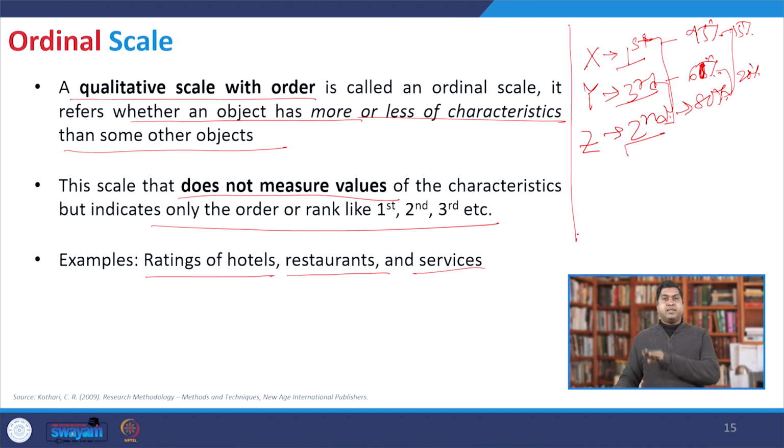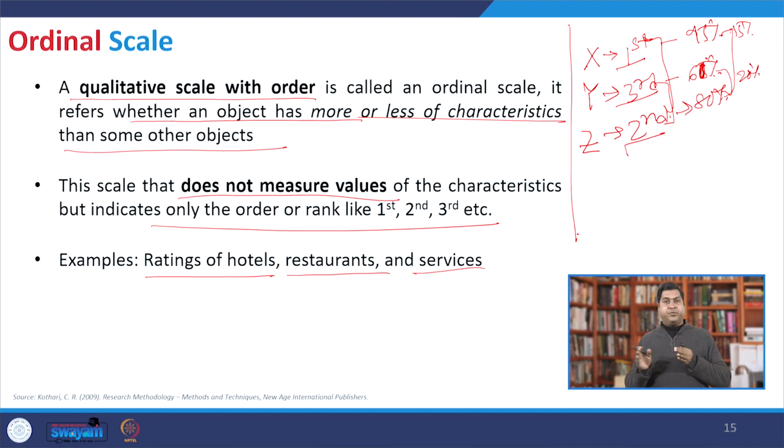Unless we have other values to support the rank, say, for example, you are trying to measure rank for a particular race. In that race the first person who won the competition maybe completed it in 4 minutes 20 seconds, the second maybe 4 minutes 40 seconds, and the third maybe took 8 minutes to complete.